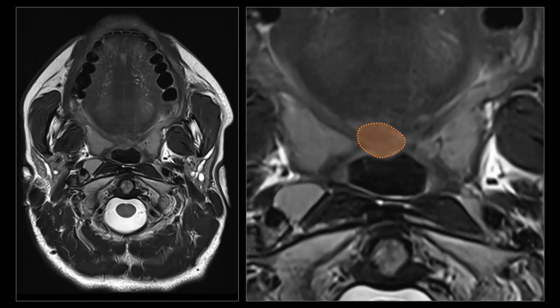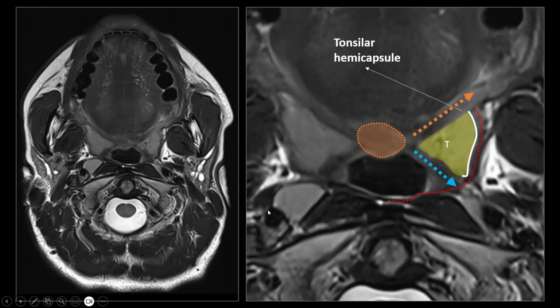Once again, we see the uvula, we see the tonsillar fossa, and we see these muscles coursing towards the tongue and the posterior pharynx respectively, and these are the palatoglossus and palatopharyngeal muscle. And once again, here we have the superior constrictor muscle running in the posterior pharyngeal wall and laterally of the tonsillar capsule.